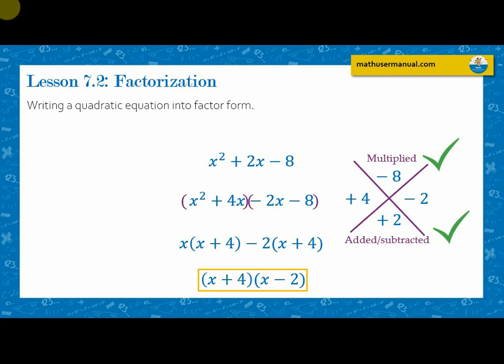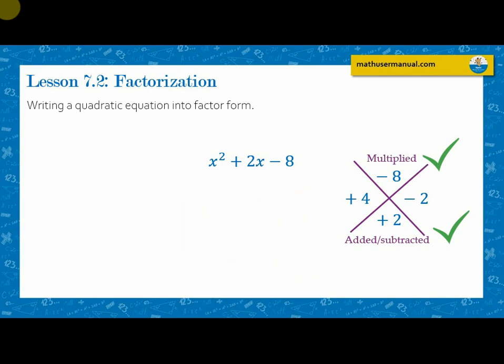But one more time, just because we have a equals 1, we can apply the shortcut on this problem, in which we simply put two parentheses with x's, and then we put the numbers we found in the diamond. We have positive 4, we place it in the first parenthesis, or you can place it in the second, it still won't make a difference, it's still the answer.